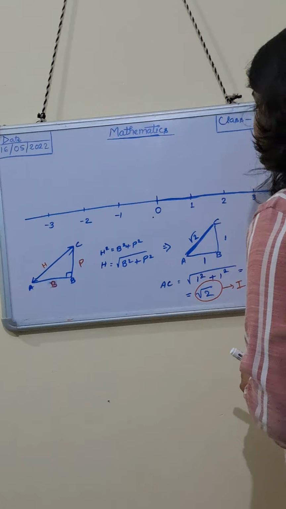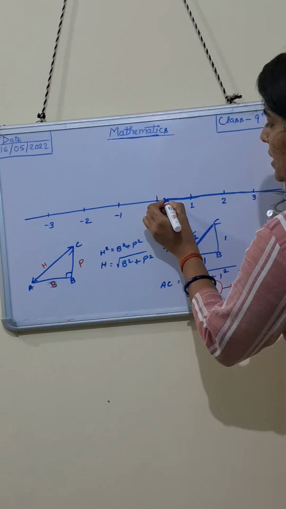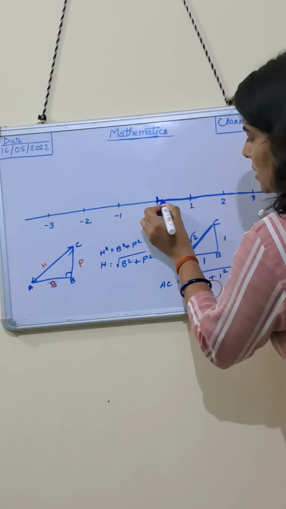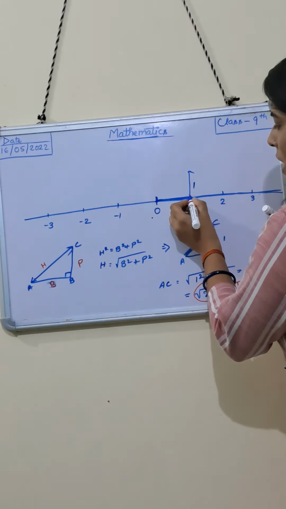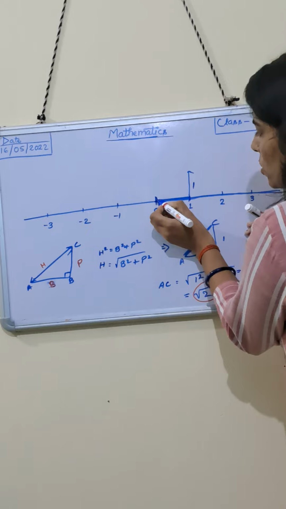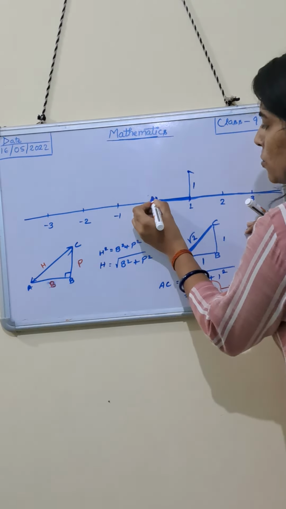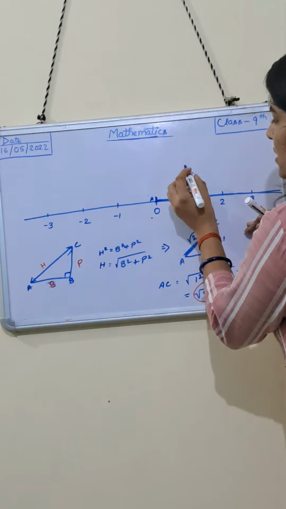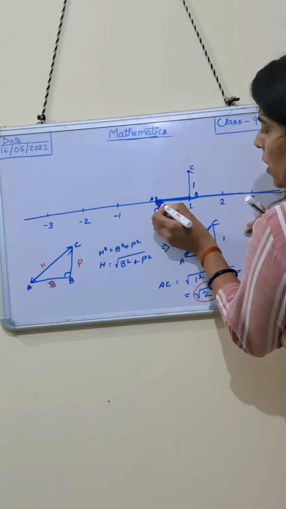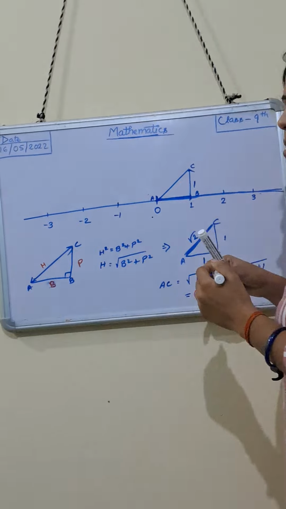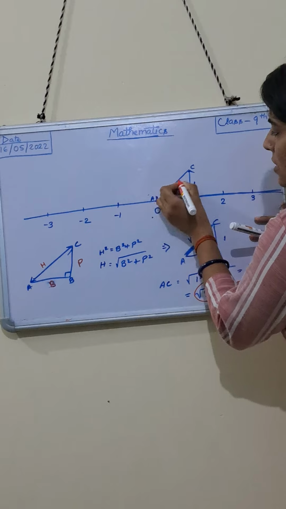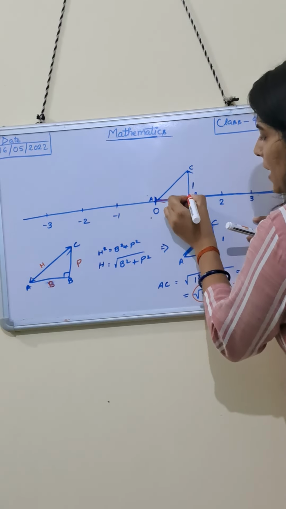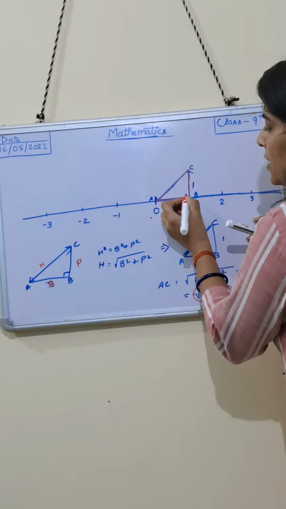Okay, so let's learn. You know that this length is our 1. If we draw a perpendicular of length 1 to this point, and let's suppose this point is A, this point is B, and this point is C. If you join the points A and C, that is the origin and the point C, then this is our right angle triangle, right?